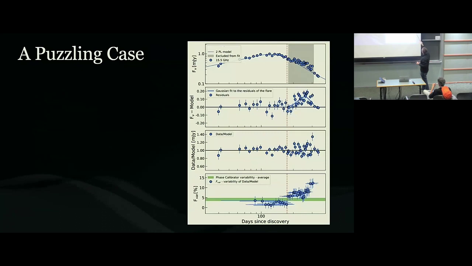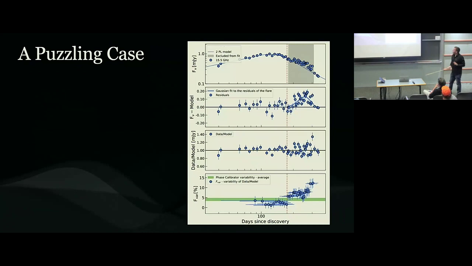And then it's also highly variable, as you see here. And you can show that this variability is statistically significant. It's not just noise or something systematic. Actually, you can see the variance of the phase calibrator here, and there is real variability on a time scale of, I would say, less than a day. Here, and then it stops, we think, but we don't have any additional data here.